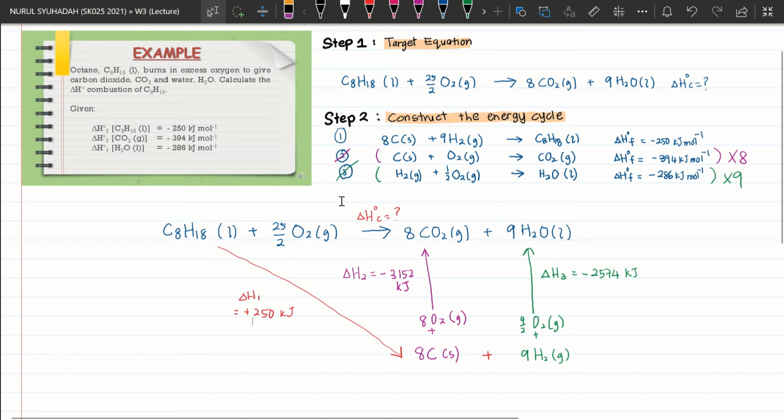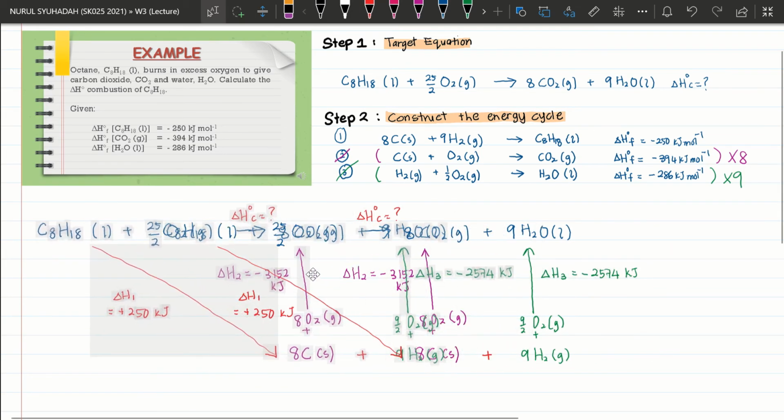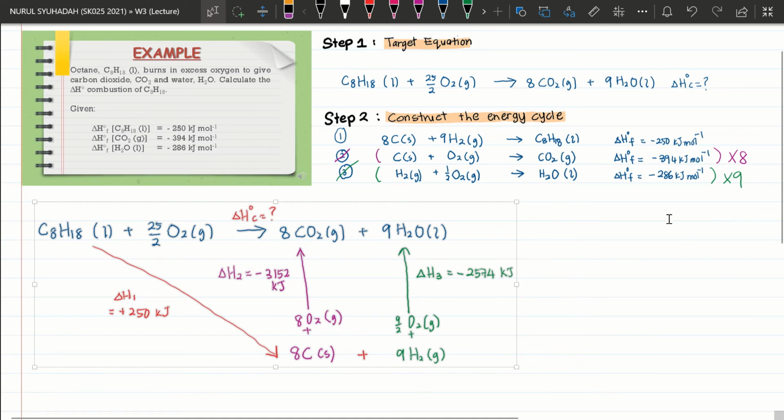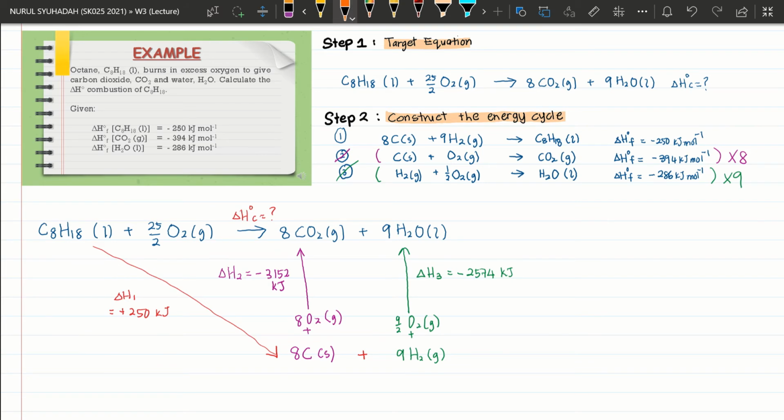What you need to have in your energy cycle diagram is a cycle. Let me move this a bit towards the left hand side so we'll have some space to do the calculation. Please remember the Hess's law that I mentioned earlier, about the clockwise and anti-clockwise.